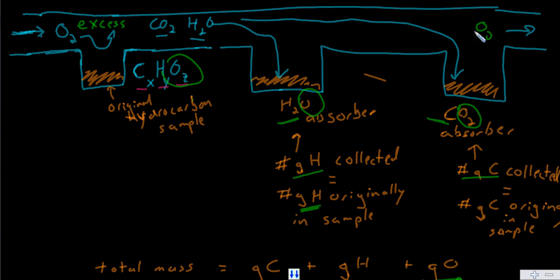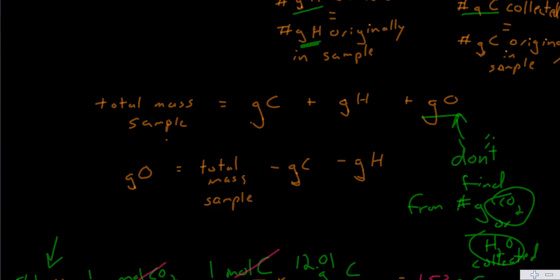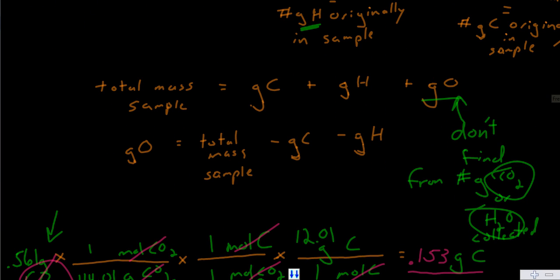So in fact, the only way that you can know the amount of oxygen in your original sample is through a little bit of algebra. You know the original mass of the sample, and you can find the number of grams of carbon that were in that sample and the number of grams of hydrogen in that sample. If the only other element left in that sample was oxygen, then you're able to find the mass of that oxygen.